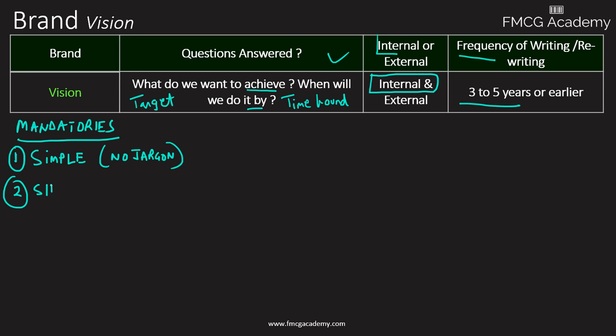Then it's got to be short, and by short I mean less than or equal to 25 words. Anything longer than that then just becomes a big statement which people, it's not something you can get behind as an organization. It's got to be short and snappy and very clear.